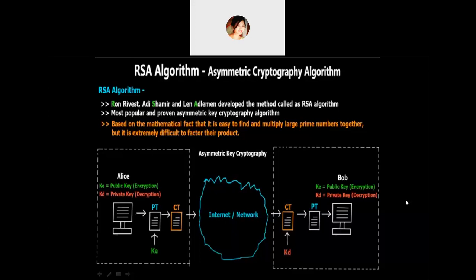And what about asymmetric? It has both a public key and a private key, two keys. And symmetric cryptography only has one single key, right?